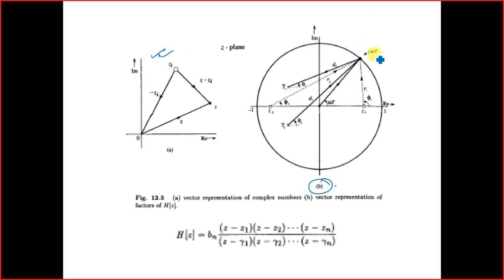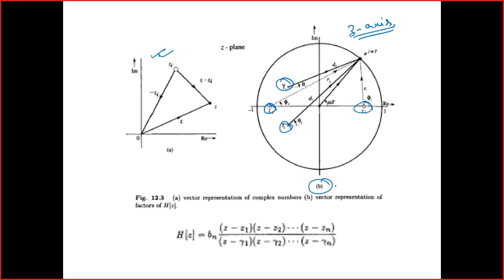Now the second figure, B, it is what we are doing over here: we are placing the poles and the zeros on the Z plane. Are you getting my point?